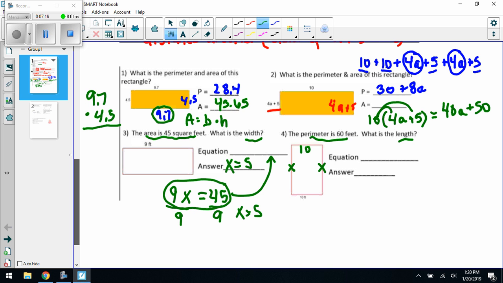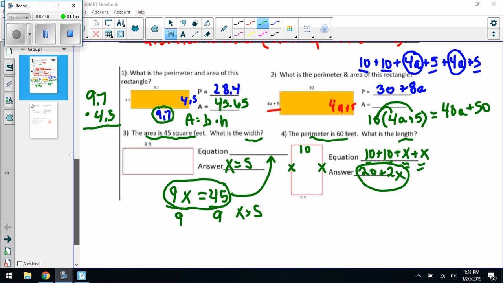Now we can set up our equation. I'm actually going to write on the line this time. So we have 10 plus 10 plus x and x. And all we have to do in this situation is combine like terms. So I'm going to add my numbers together. 10 and 10 is 20. And my variables are alike. I have 1x plus 1x, so I have plus 2x. And there's my answer.